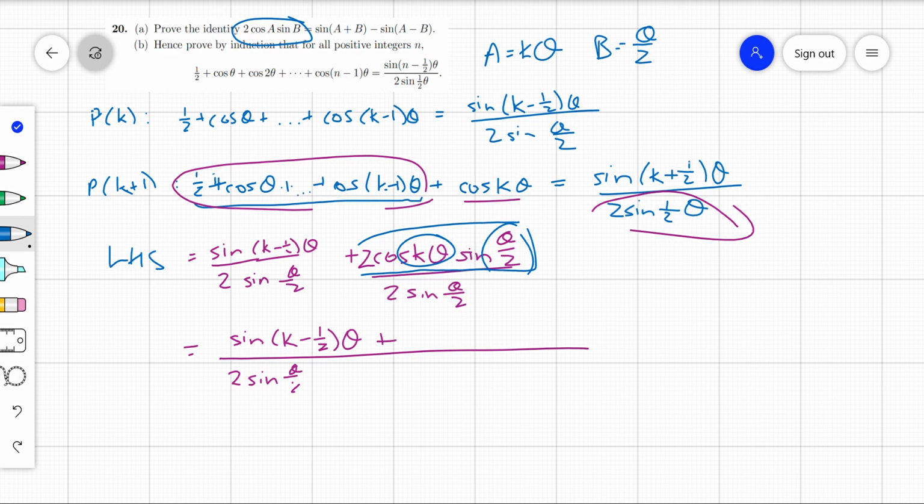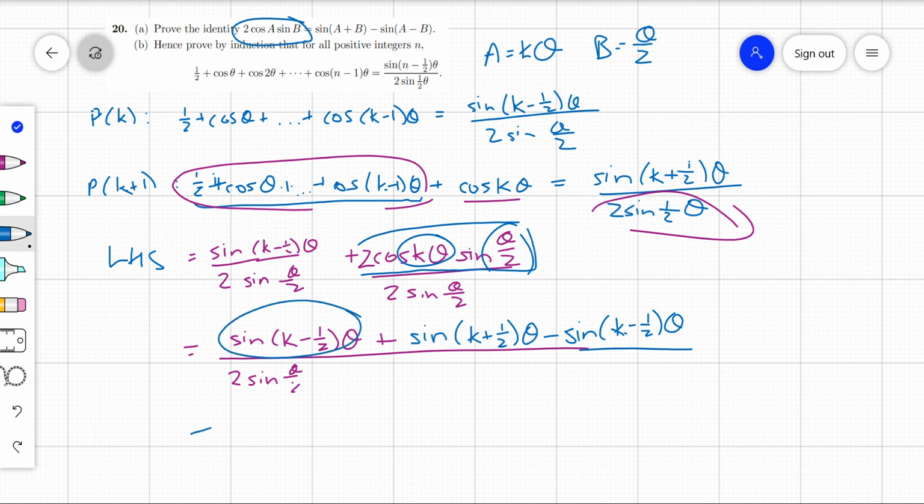It's going to give us sine of A plus B, so we've got k plus a half theta, and minus sine of A minus B, so k minus a half theta. So it looks like that's where we're getting rid of the front term.